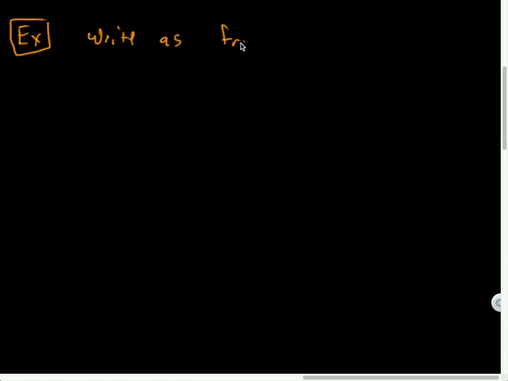Last problem. Write as a fraction: what if I have 2.13 repeating, where just the 3 is repeating? Oh boy.